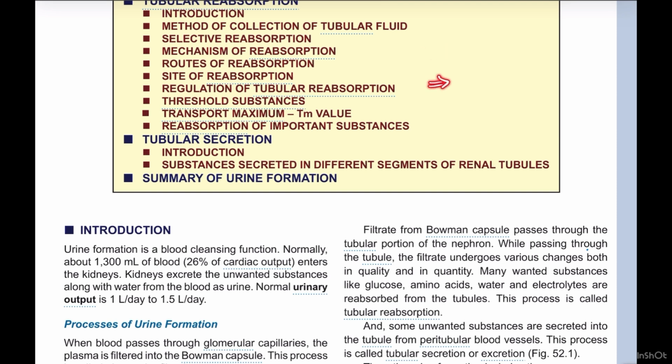The renal tubule comprises Bowman's capsule, followed by the PCT, then Henle's loop, then the DCT. Till here only we consider it a renal tubule. The collecting duct is not part of the nephron, so you have to remember that.